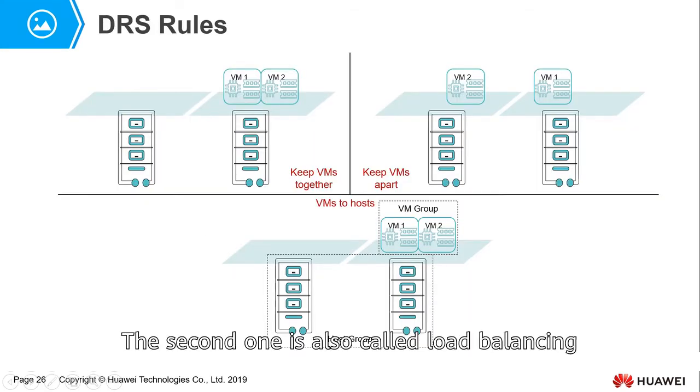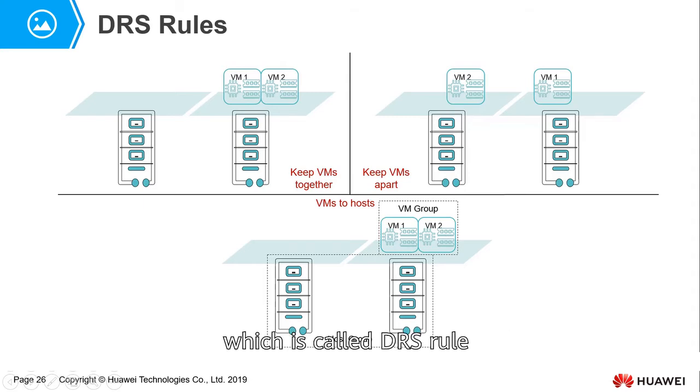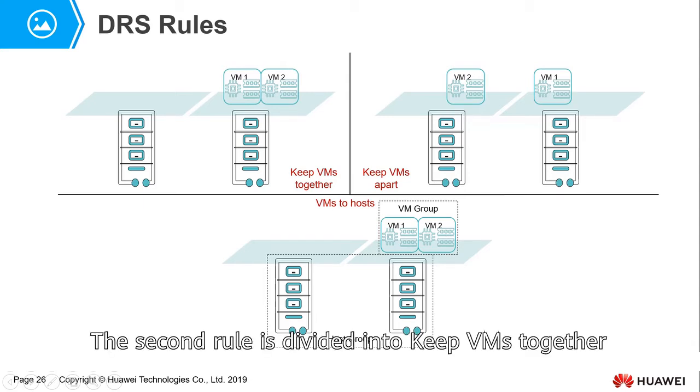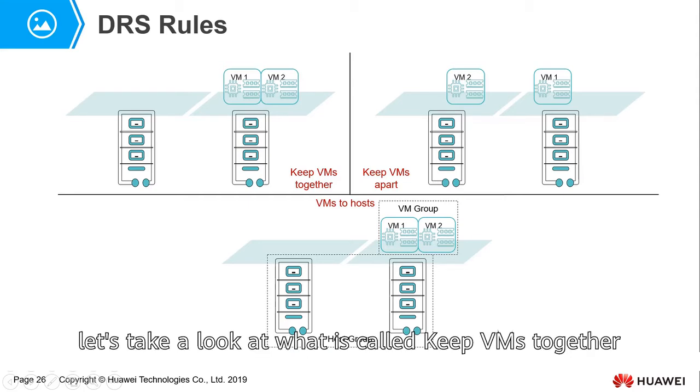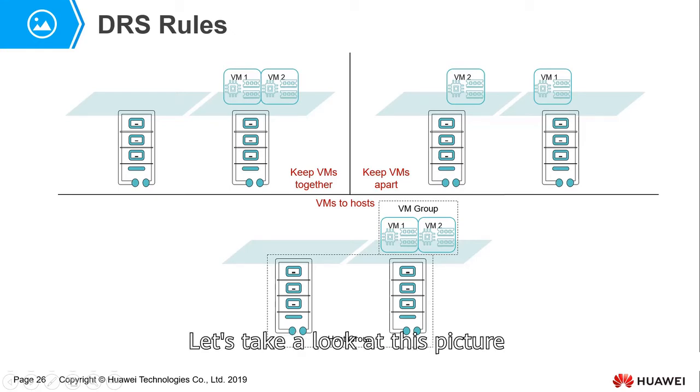The second one is also called load balancing, which is called DRS rules. The rules are divided into keep VMs together, keep VMs apart, and VMs to hosts. First, let's look at what is called keep VMs together. Let's take a look at this picture.